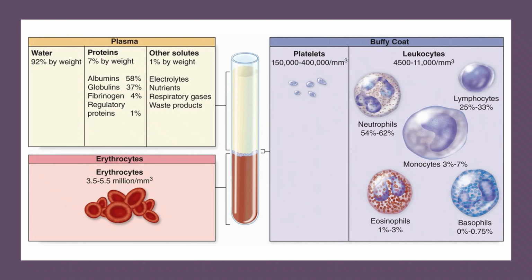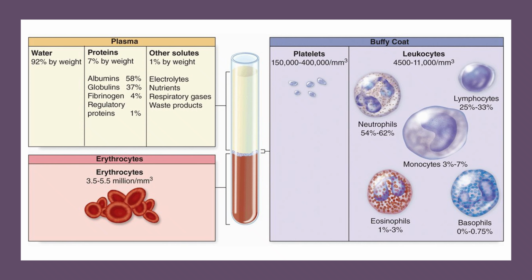Then we have the leukocytes, the white blood cells. We have the values here. They are the key defenders against infection and part of the immune response. Plasma, the liquid matrix. Plasma is the yellowish fluid part of the blood that remains after removing blood cells.